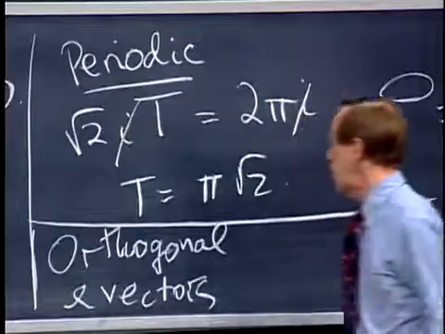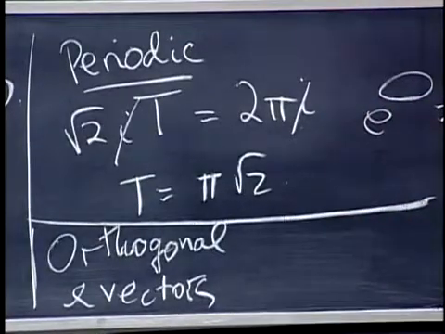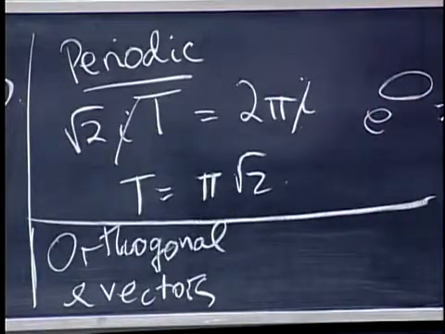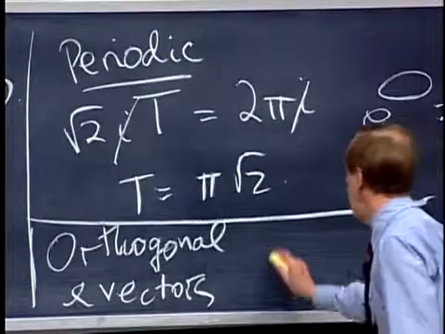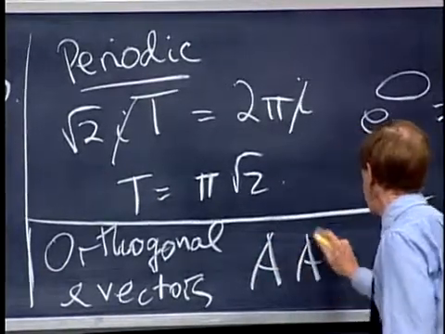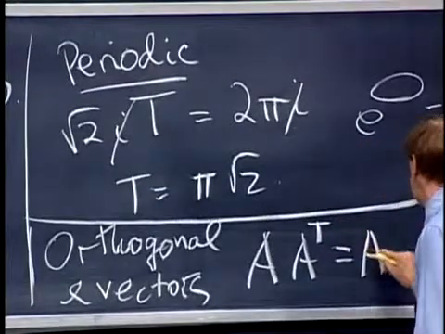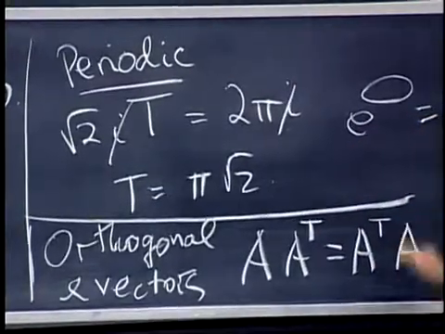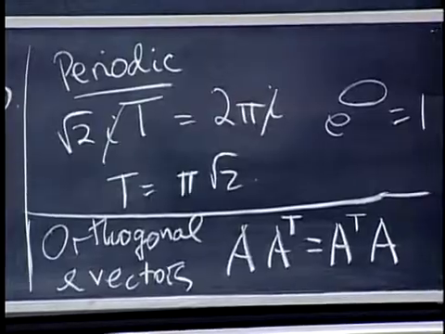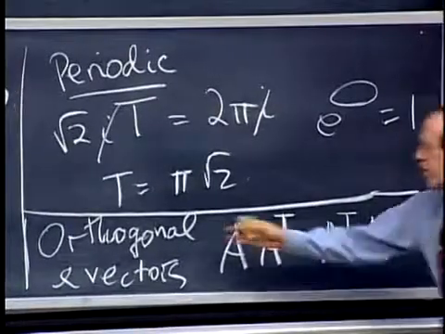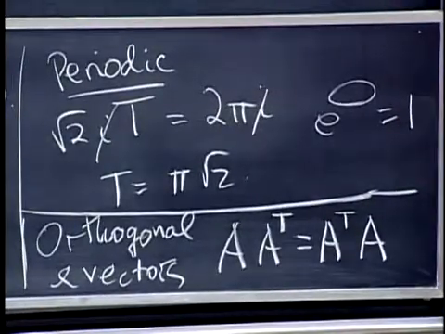A matrix has orthogonal eigenvectors. The exact condition, it's quite beautiful that I can tell you exactly when that happens. It happens when A times A transpose equals A transpose times A. That's the condition for orthogonal eigenvectors.